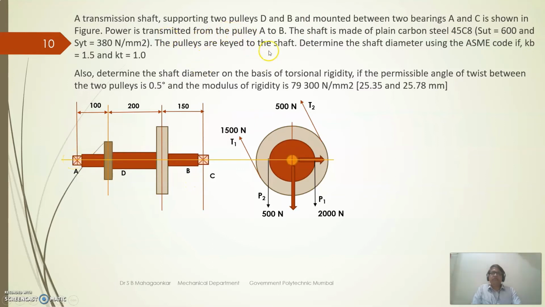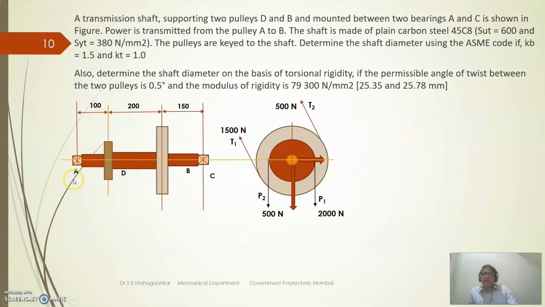Power is transmitted from A to B. The shaft is made of plain carbon steel 45C8, ultimate strength is 600 and yield strength is 380 Newton per mm square. The pulleys are keyed to the shaft. Determine the shaft diameter using the ASME code if KB is equal to 1.5 and KT is equal to 1. So this is based on the ASME equation, right?